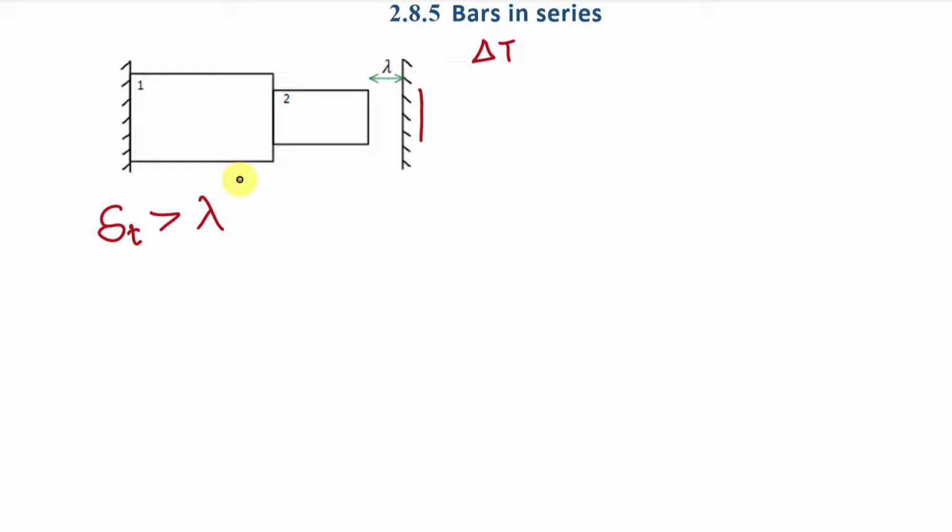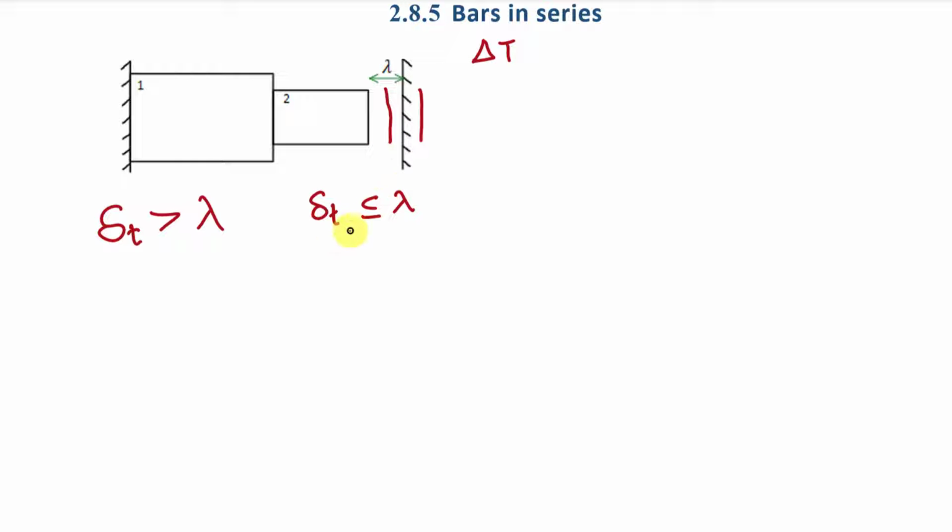And in the second case, we will consider that the change in length of both these bodies due to the increase in temperature delta T is less than or equal to lambda, means this surface is not exceeding this fixed surface, or we can say this restriction, means this surface will move, let's say up to here.